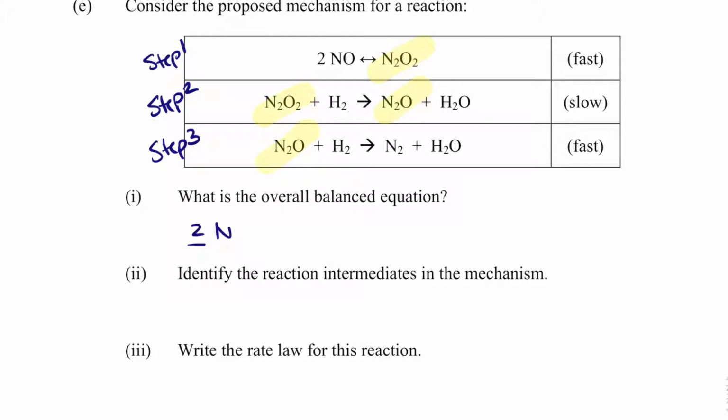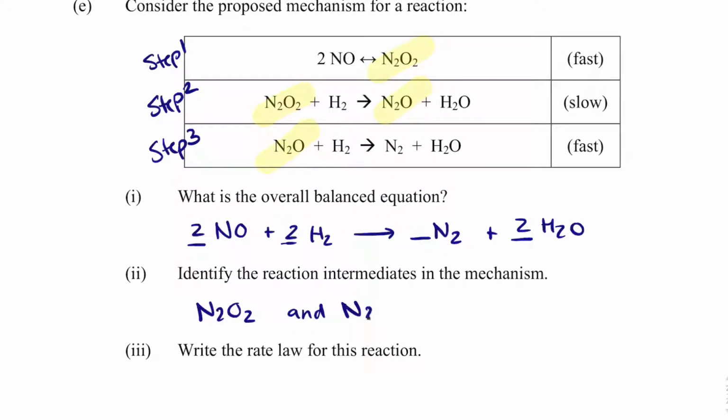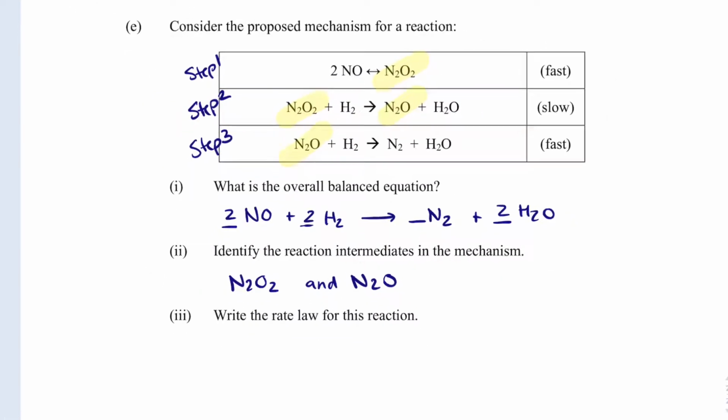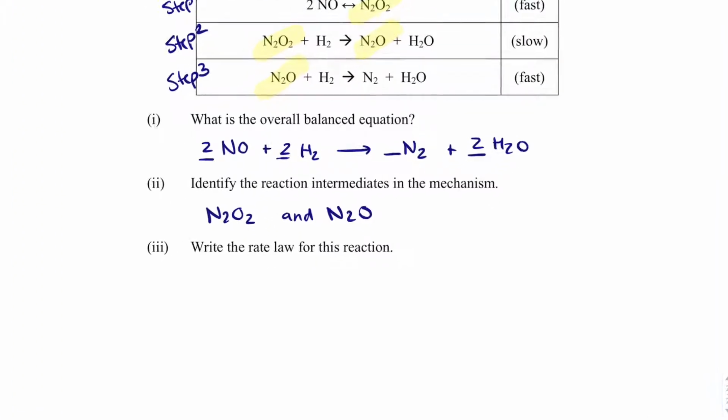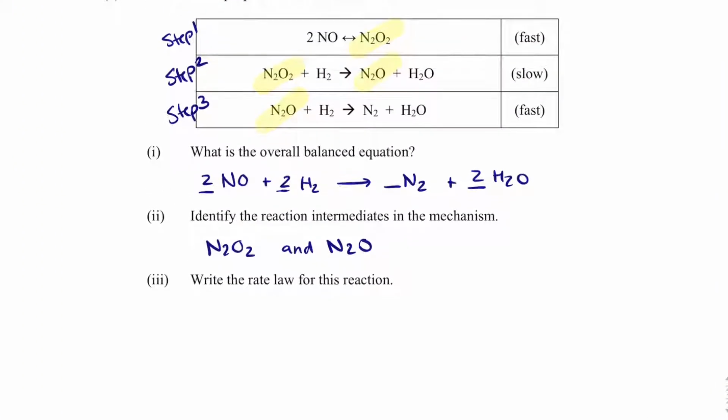So we have 2 NOs plus 2 H2s, and that gives us just a nitrogen molecule plus 2 waters. Okay. Identify the intermediates. We've done that: N2O2 and N2O.